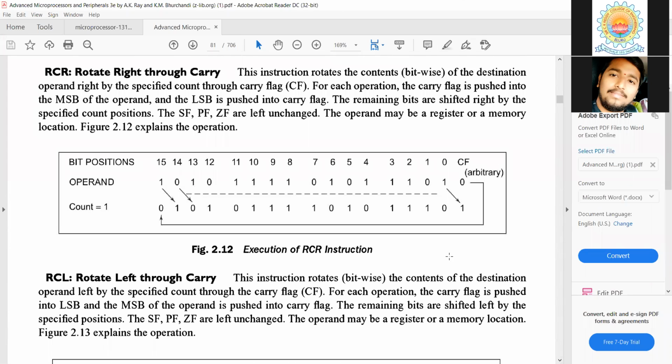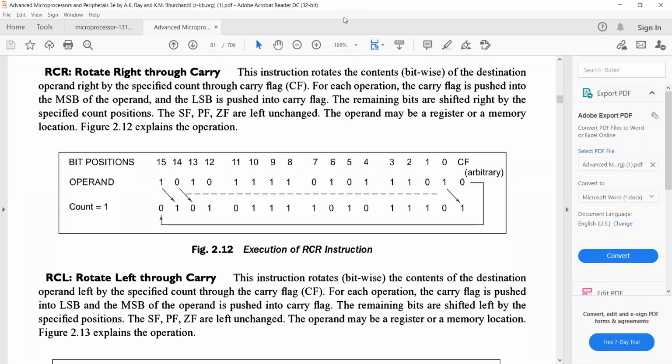With carry, what is happening? See here, we are doing the same shift operation towards the right. But here the carry flag, which is 0, is occupying the MSB bit, which is vacant after shifting right.